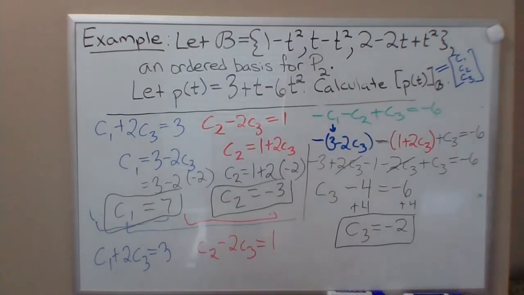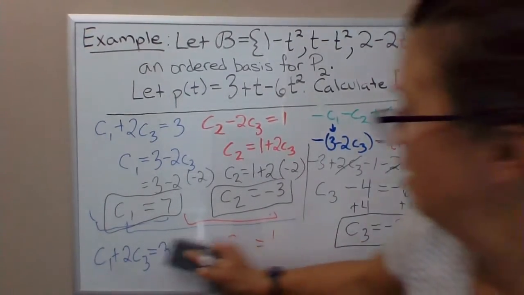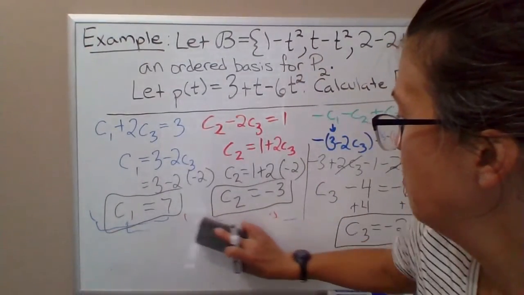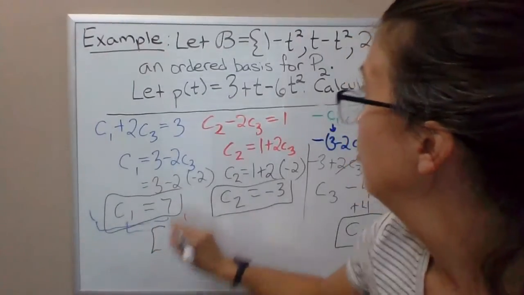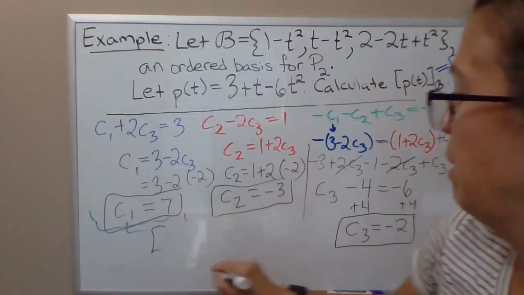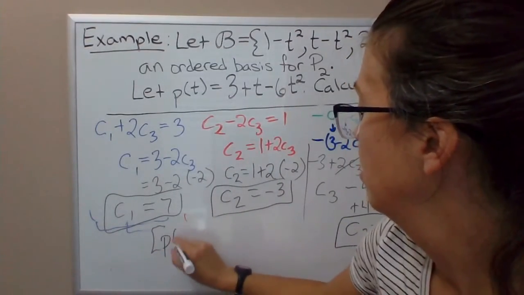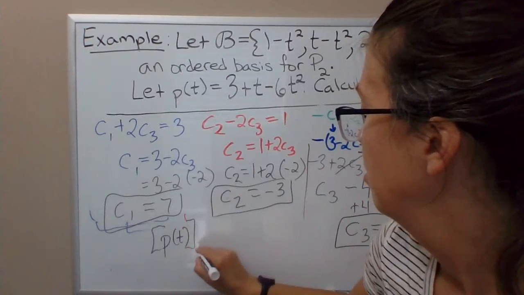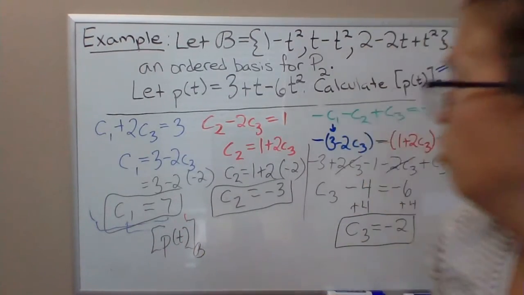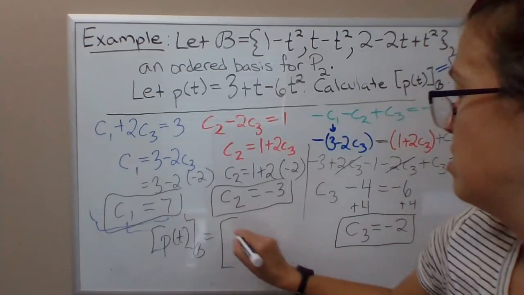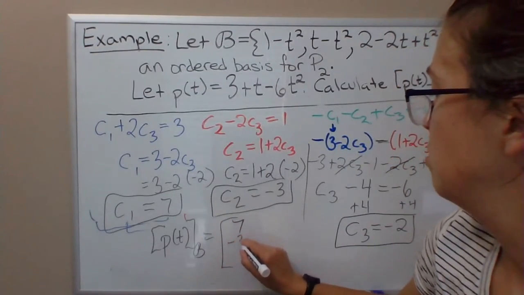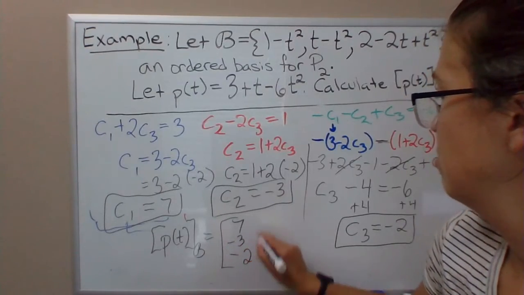And so with all of that, this tells us that the coordinate vector for the polynomial 3 plus t minus 6t squared for this particular ordered basis is C1 is 7, C2 is negative 3, C3 is negative 2.